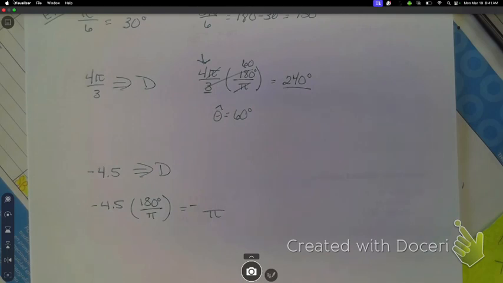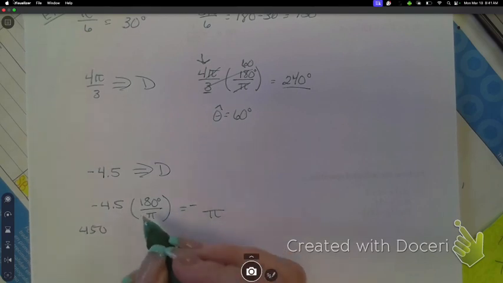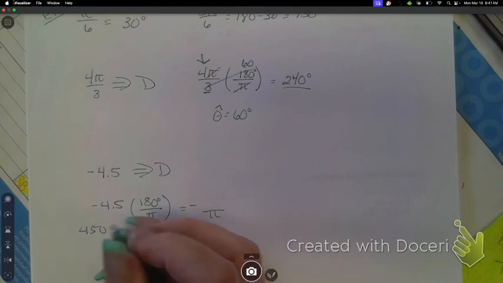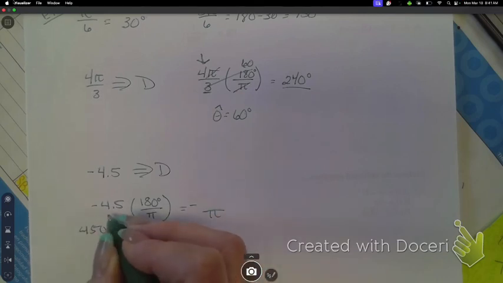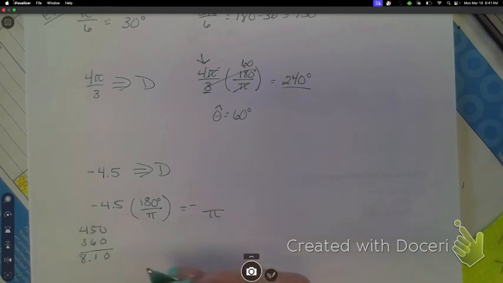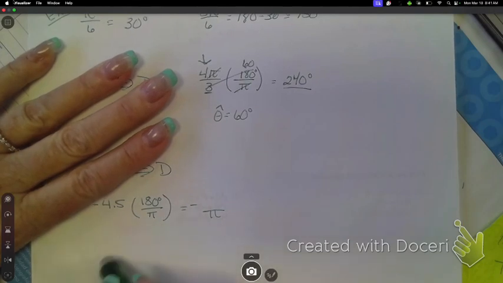And we've got to multiply that. So 450. No, don't pay any attention to me. I multiplied by the same number twice. No, that was right.